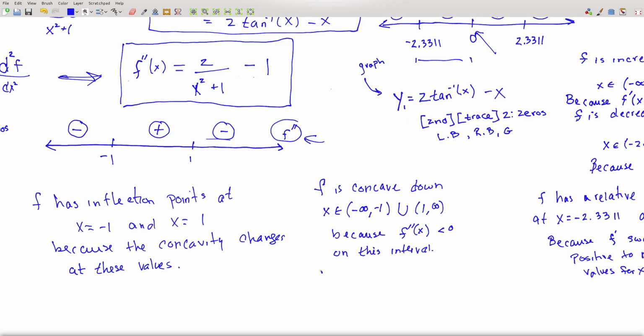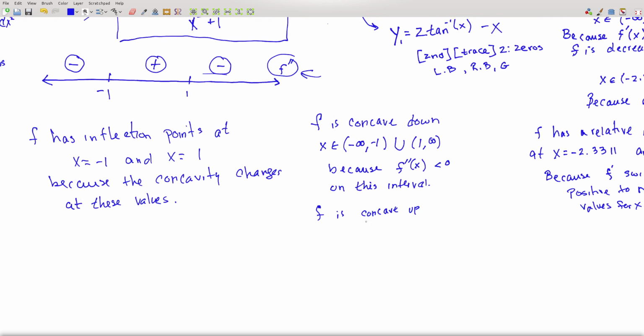And we can say that f is concave up. F is concave up where? Well, it's concave up wherever the second derivative is positive, which we found is when x belongs to the interval -1 to 1.